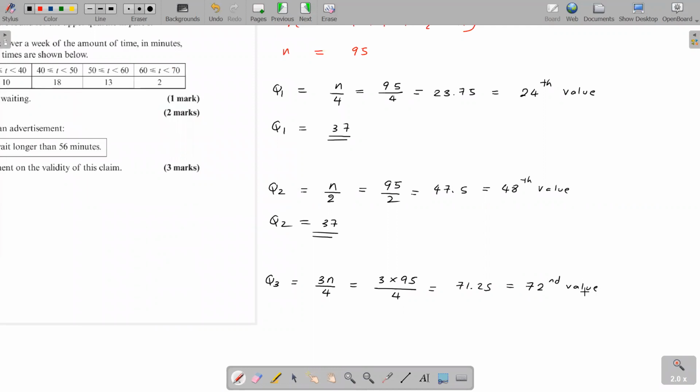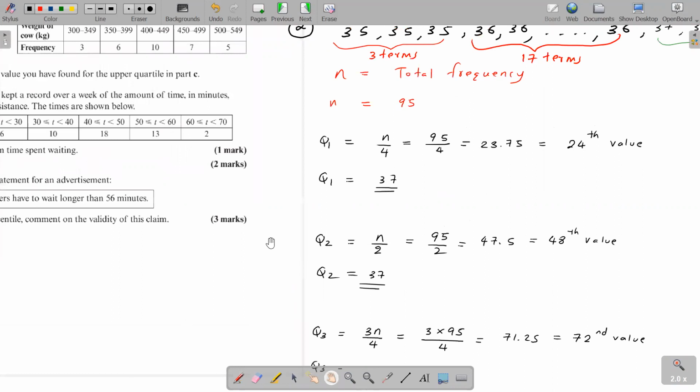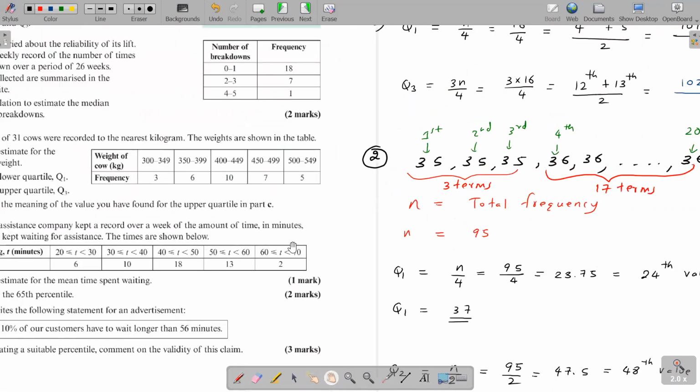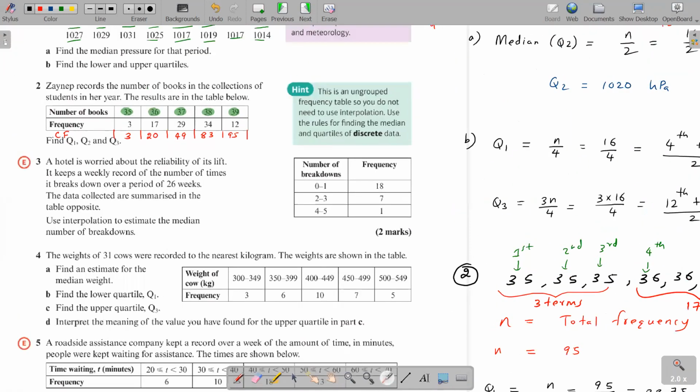You must get the 72nd value to get Q3. So let's go to the cumulative frequency and try to find where you pass 72. The first one, 3, did we pass 72? No. Next one, 20, we didn't pass 72. Next one is 49, we didn't pass 72.